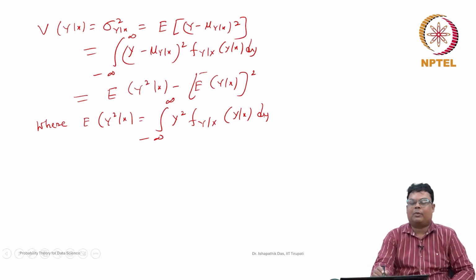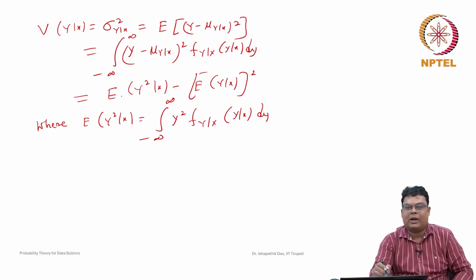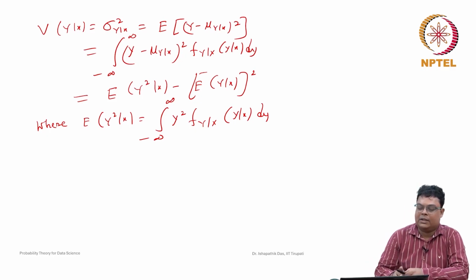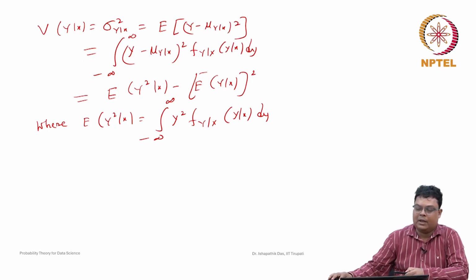How these formulas are equivalent we have already discussed for general random variables, so you can go through that. This is the mean and variance with respect to the conditional probability density function for continuous random variables, as given in this slide.